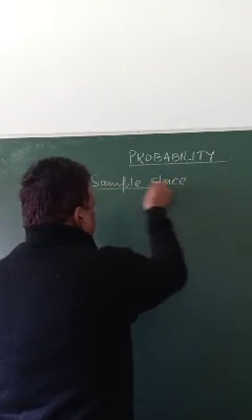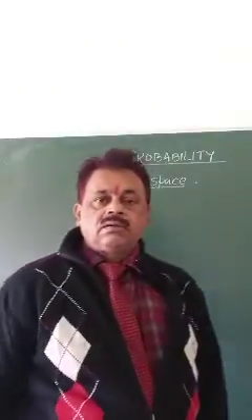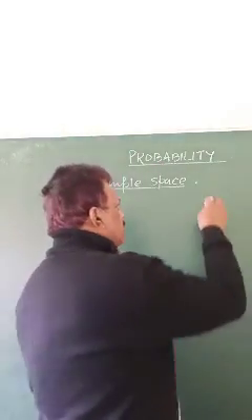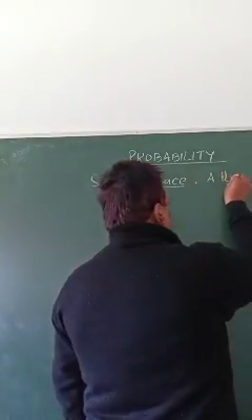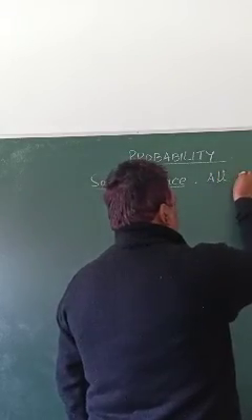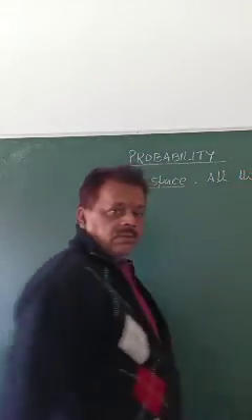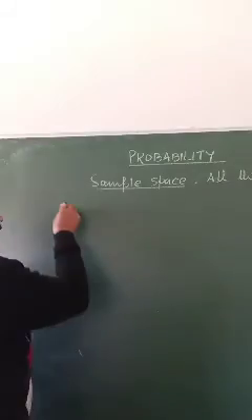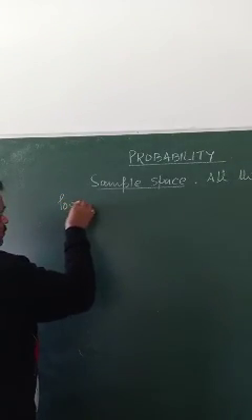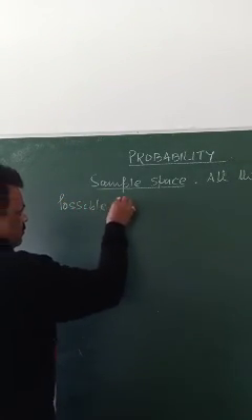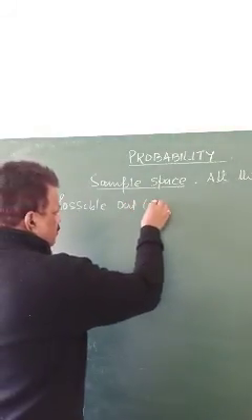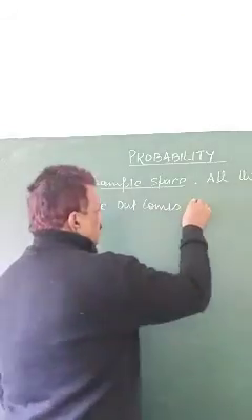The sample space is called all the possible outcomes in an experiment.